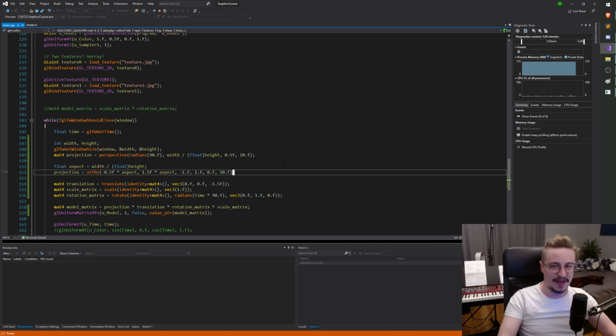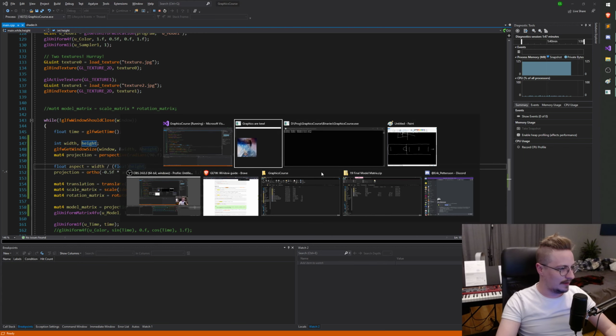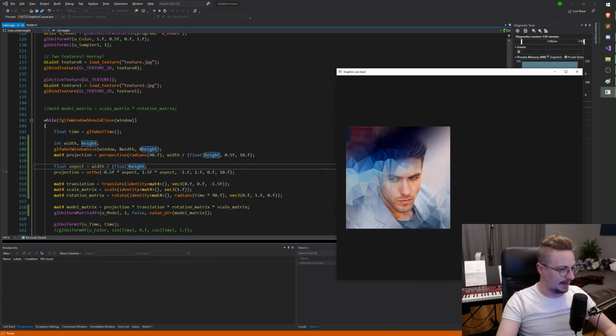That would be a very nice use of the orthographic projection. Of course, the majority of engines have perspective projection, because that works in 99% of games, and that's usually what you want when you think 3D, but orthographic is also there, so I wanted to mention that. Alright, so that's projection.